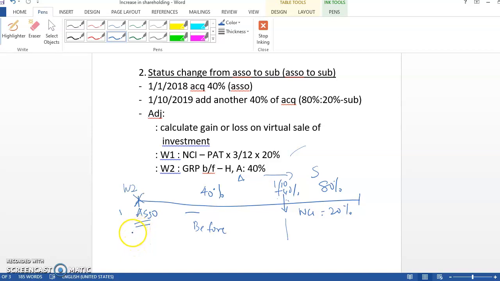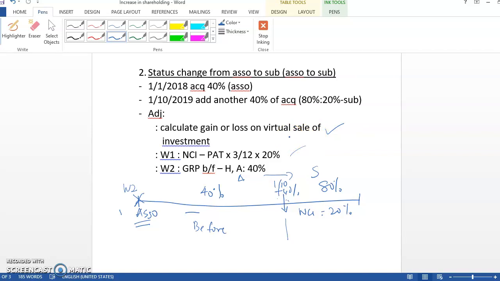Now when we have the status change from ASO to sub, you need to calculate an item called gain or loss on virtual sale of investment. Status change from ASO to sub, an item will be called gain or loss on virtual sale of investment.